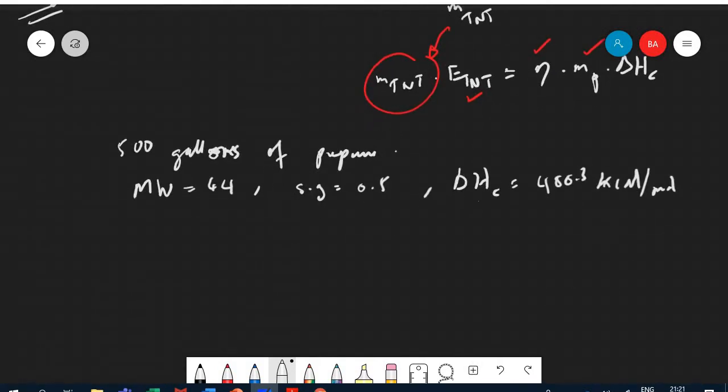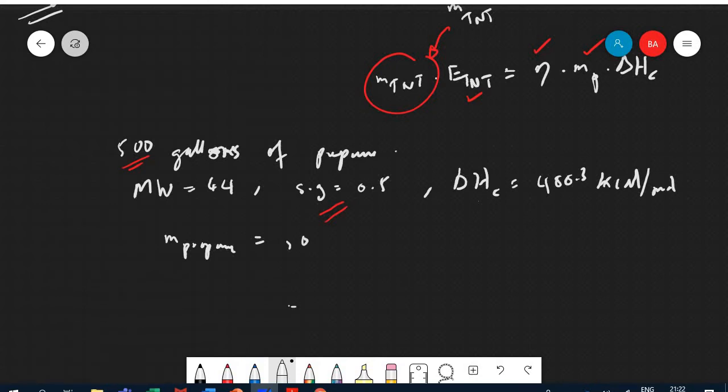Now with all that information, I can substitute. I don't have the mass, by the way, right? But since I have the volume and the specific gravity, I can calculate my mass. This is not really a trick; rather, it tells you that in real life not everything is given to you, you need to calculate it.